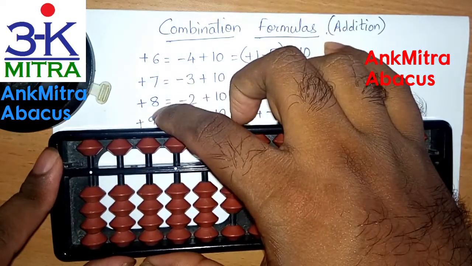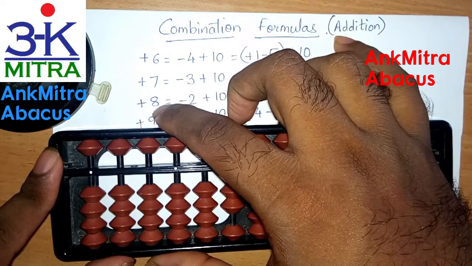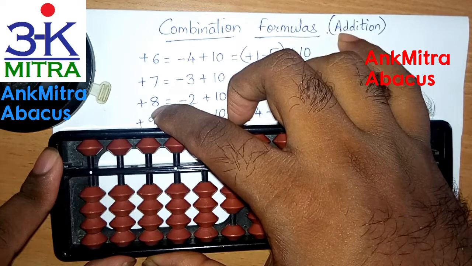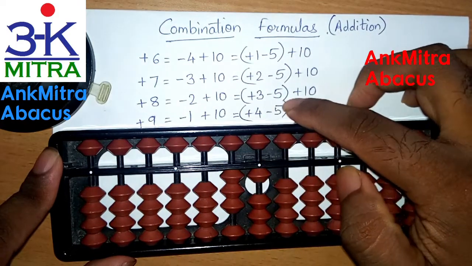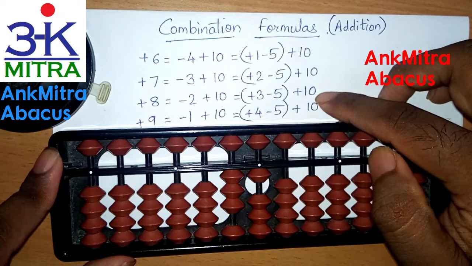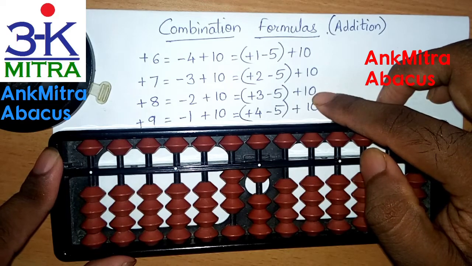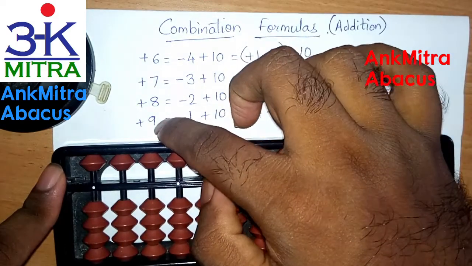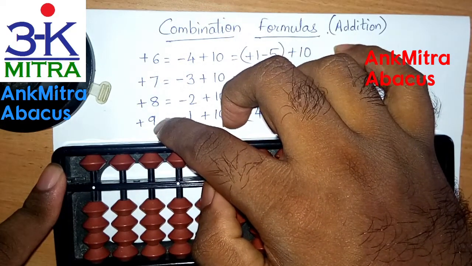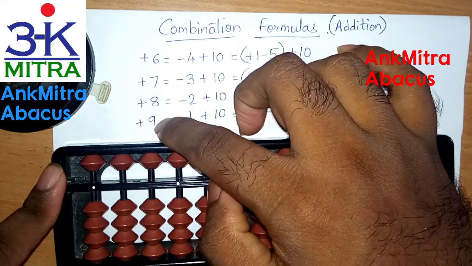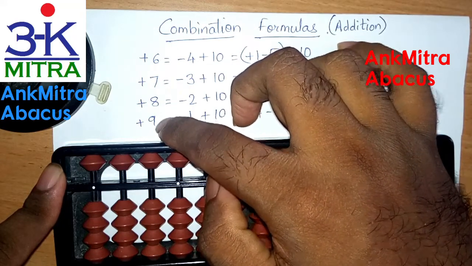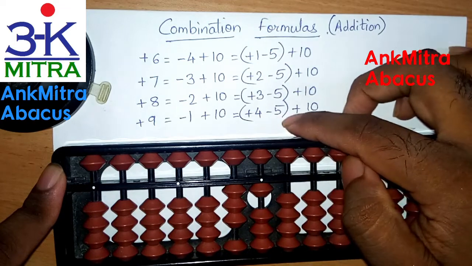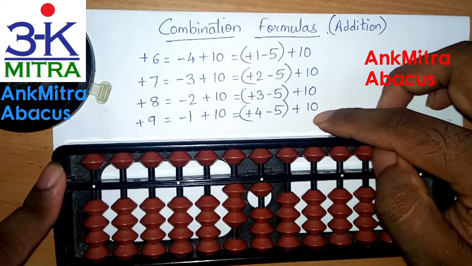Similarly for plus 8, 8 is created with 5 and 3. So we'll start with plus 3 minus 5 and follow it up with addition of 10. Similarly for 9, it is created with 5 plus 4 lower beads. So the combination formula for plus 9 starts with plus 4 minus 5 and addition of 10.